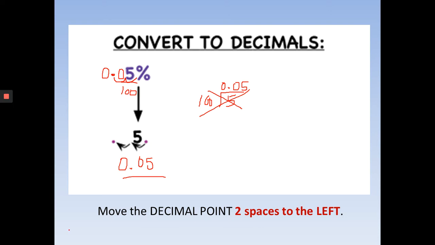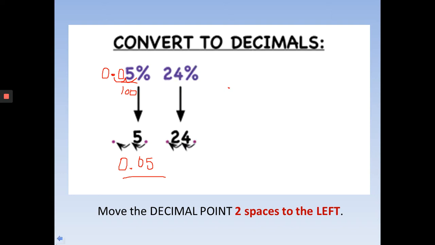Okay, so let's try with other percentages. So let me erase this. Okay. So the next one here is 24%. So again, 24 divided by 100 to make it decimal. To convert it to decimal, you have to divide, right?